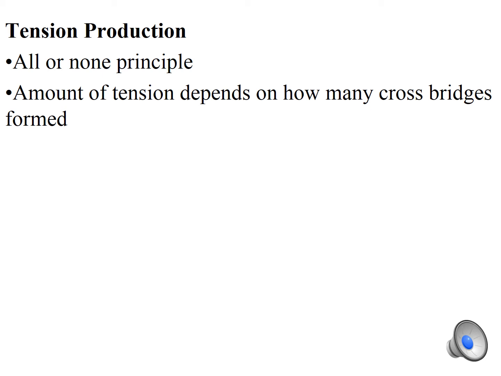Each muscle cell is going to produce a constant amount of tension, but the way we can get more tension is by using more muscle cells and adding up those amounts of tension. So I hope that makes sense. That can be a little bit confusing.